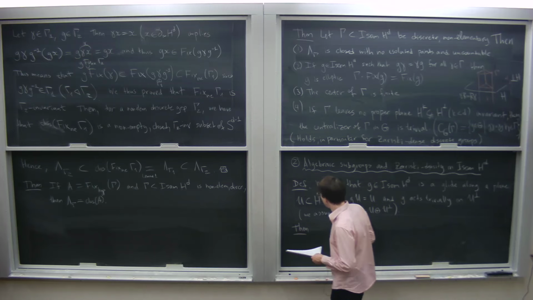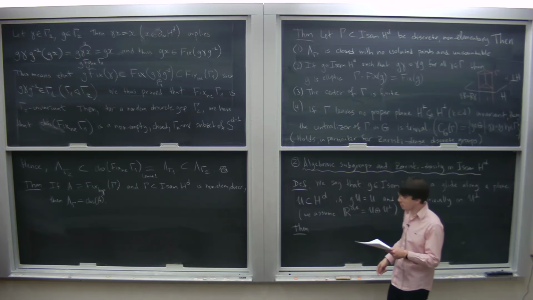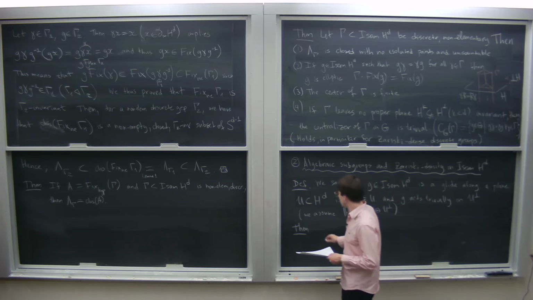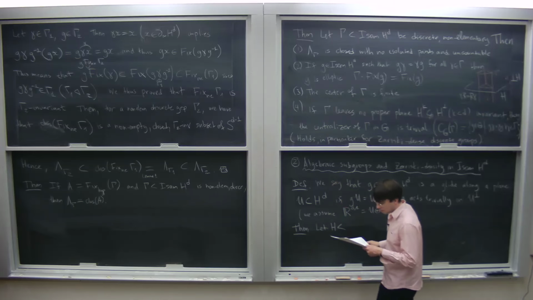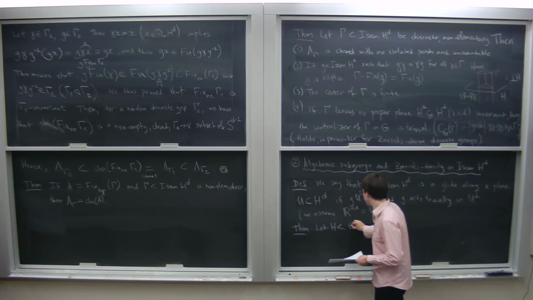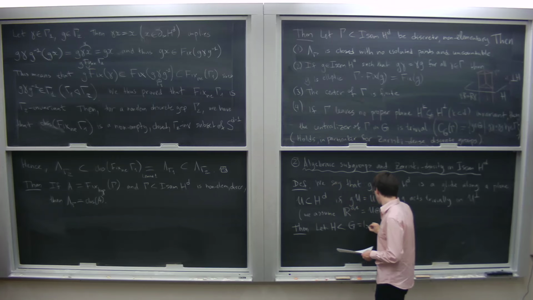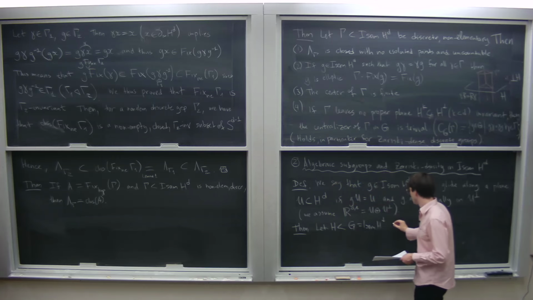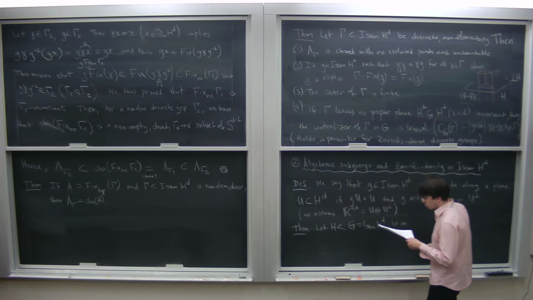I wrote down this theorem, but it was a bit wrong. Let H be an algebraic subgroup of G, where G is the isometry group of H^D.